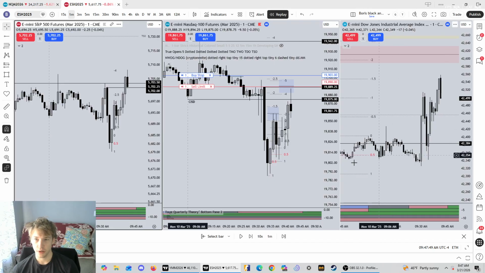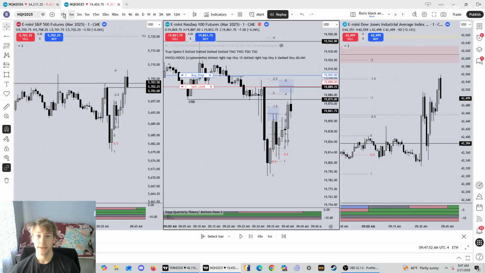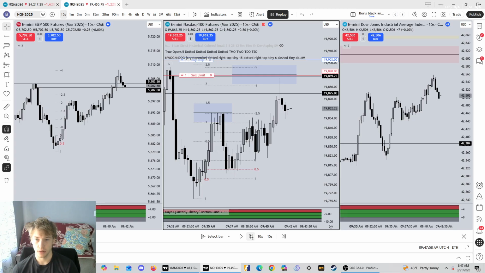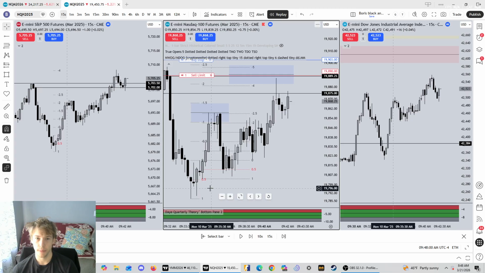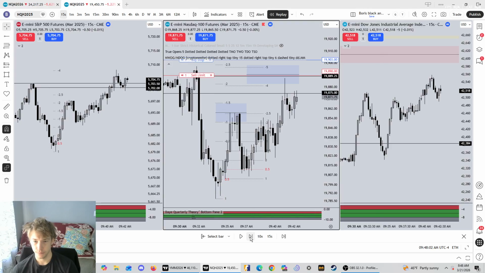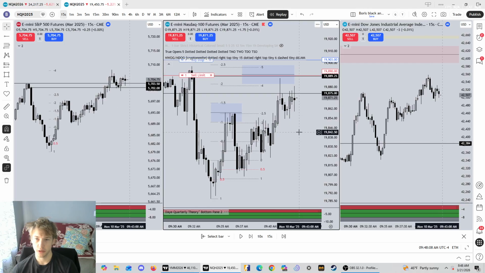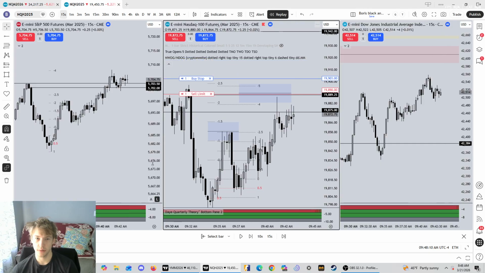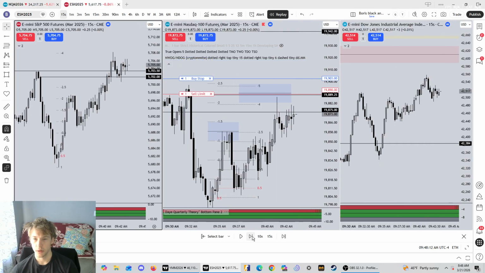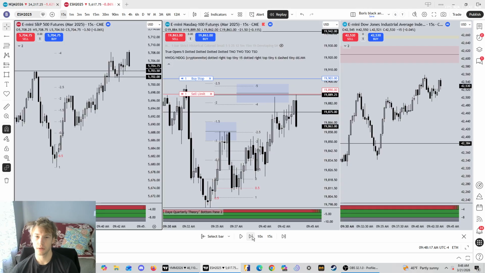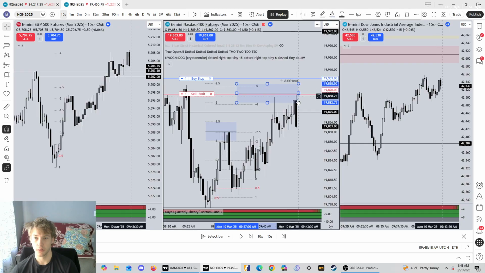If we have a market structure shift now lower, then that makes it a little bit difficult because it probably means that we missed the perfect entry there. So essentially, if we bodies close below here, then we'll expect to retest higher. I really don't even remember at this point if we get filled. Okay, well, I'm expecting us to get filled there.